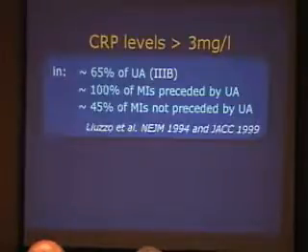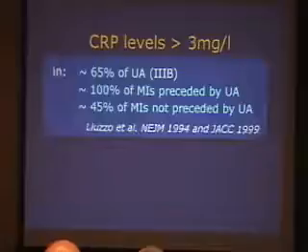But if you compare patients that had infarction not preceded by unstable angina, only 45% had elevated values of CRP and interleukin-6 on admission. And this was published in this paper with Giovanna Liuzzo in 94 in the New England Journal, and repeated in another study published in JACC in 99.